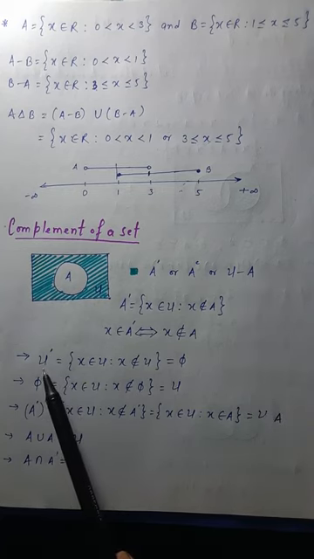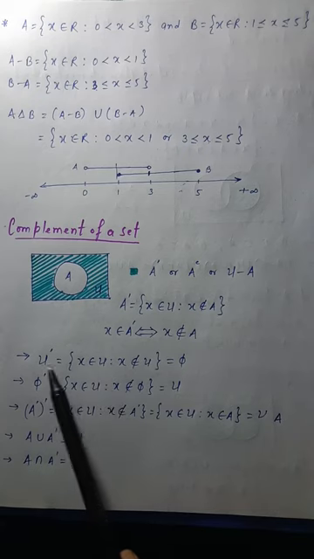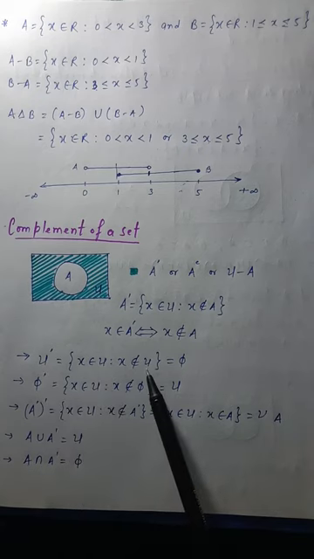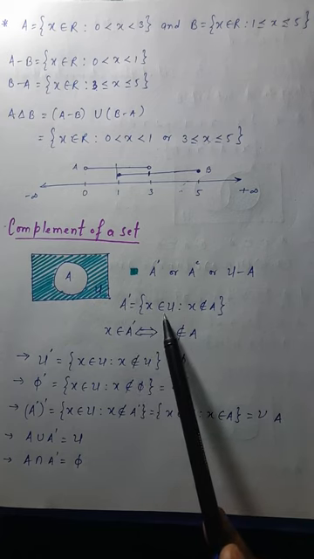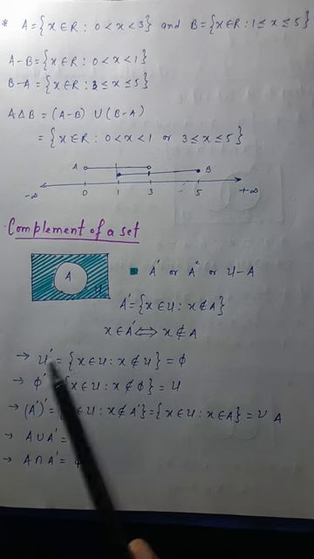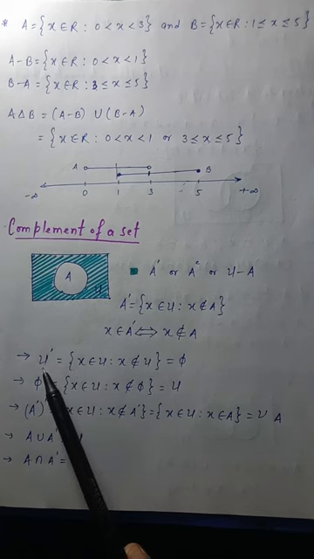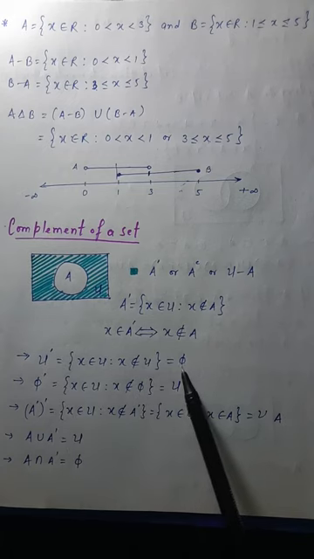So similarly, we can say what will be universal complement. This is an interesting result. This universal complement means x belongs to universal but it does not belong to universal. Like the same definition, A dash means x will be in U but it will not be in A. So similarly, when in place of A I write U, we write x belongs to U but x does not belong to this set U. This is a contradiction, so therefore it is a null set.